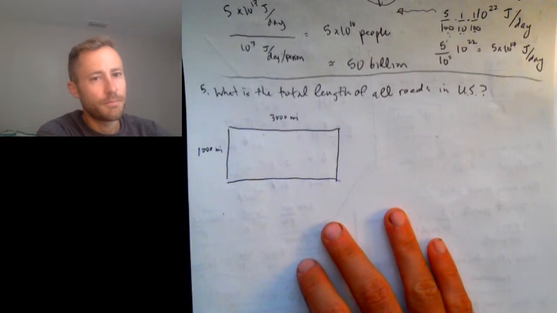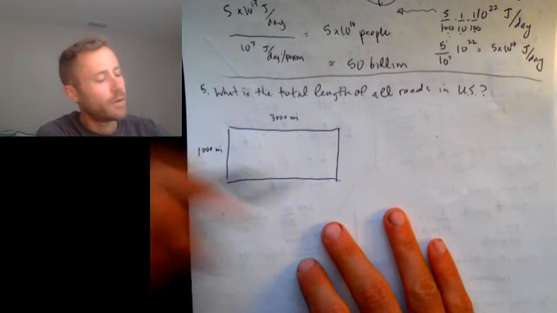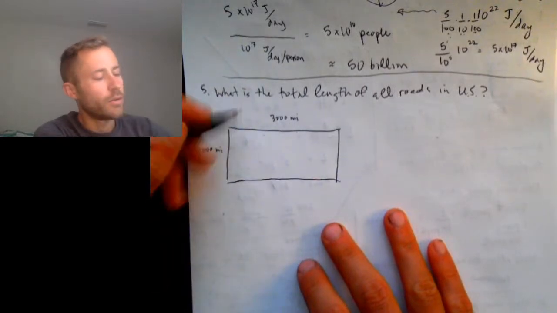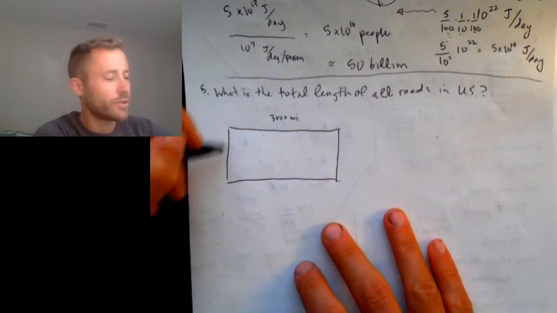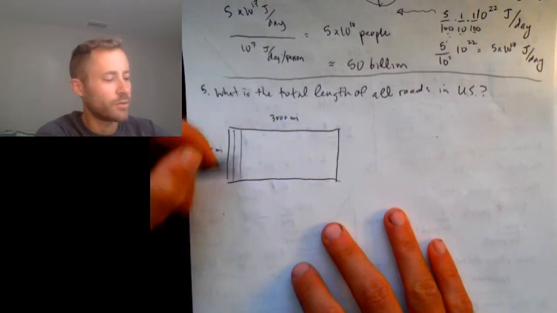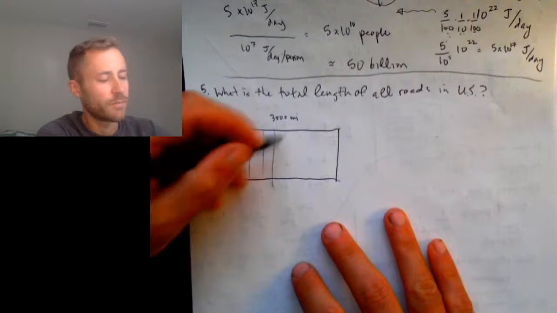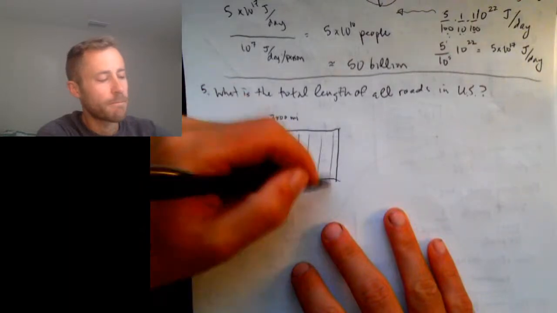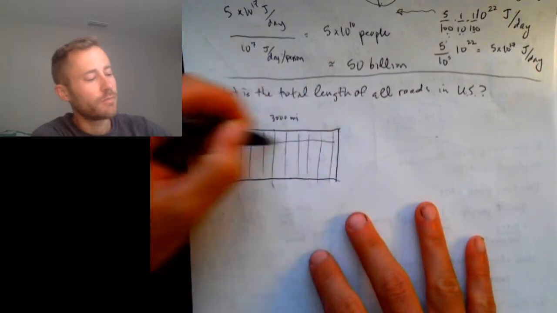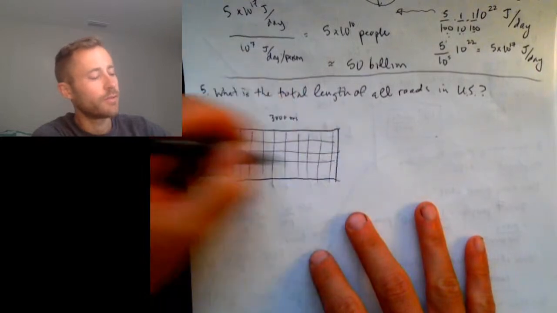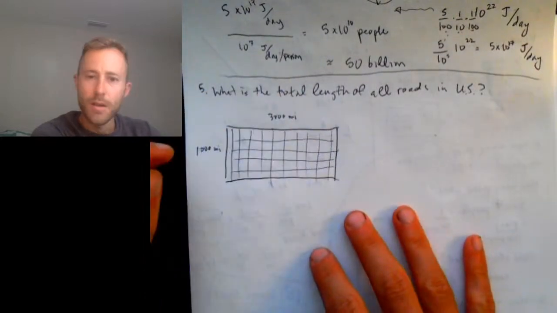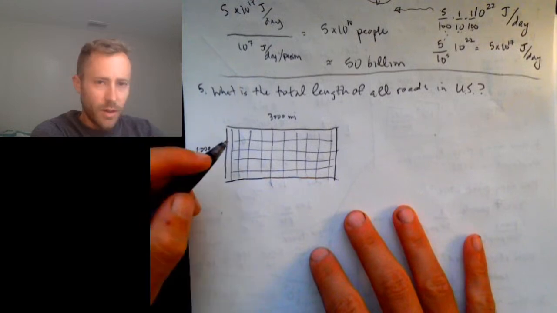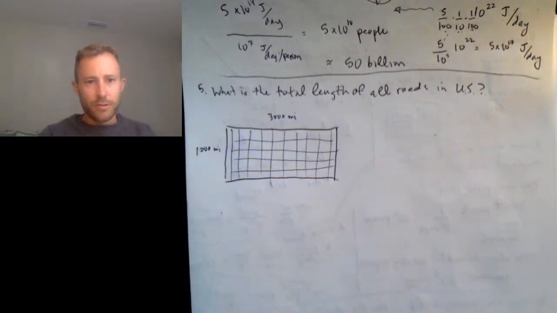Let's assume that the United States is completely crisscrossed by roads. So you have all these roads crisscrossing the United States. Okay, so how often are there roads in the United States?